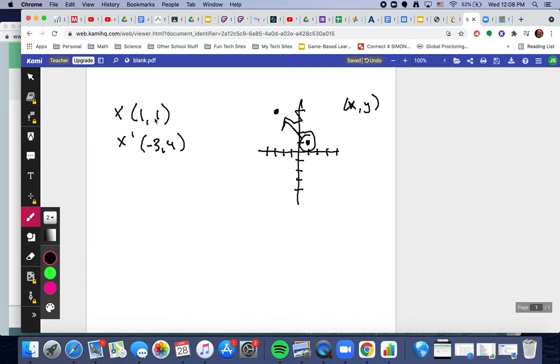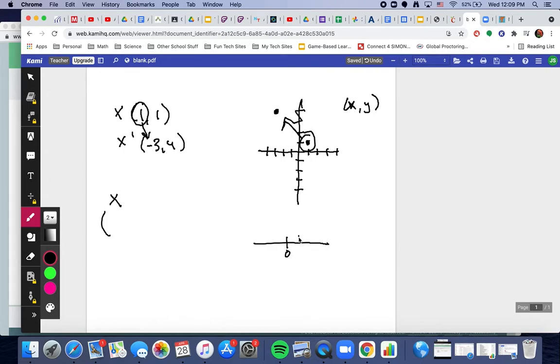Okay? So the way you can do that without having a graph is just say, okay, I'm going from 1 to -3. So that's my x movement. To go from 1 to -3, think of if you're on a number line.